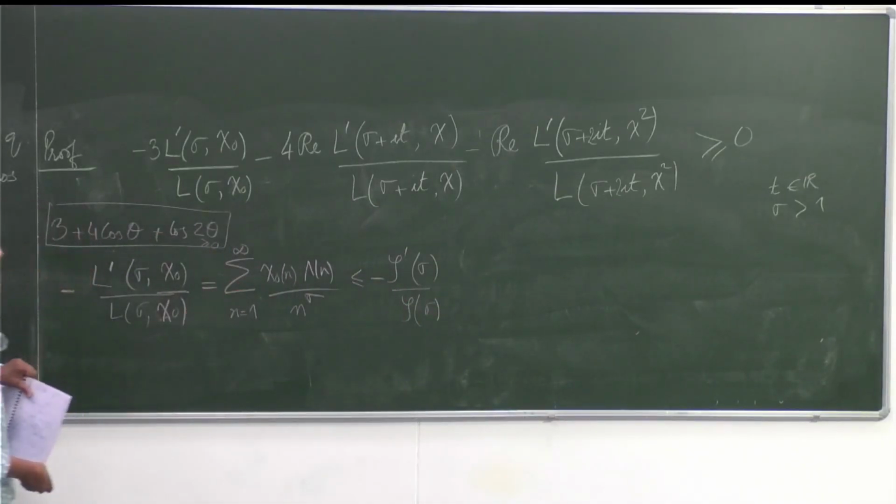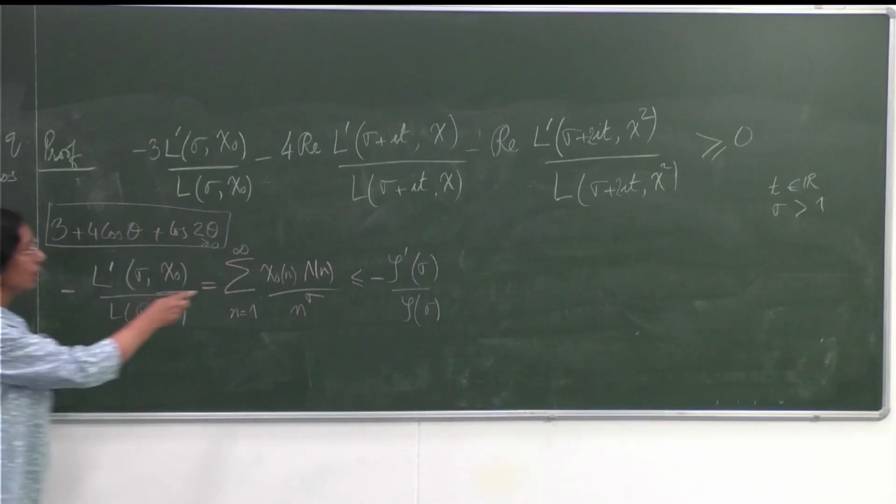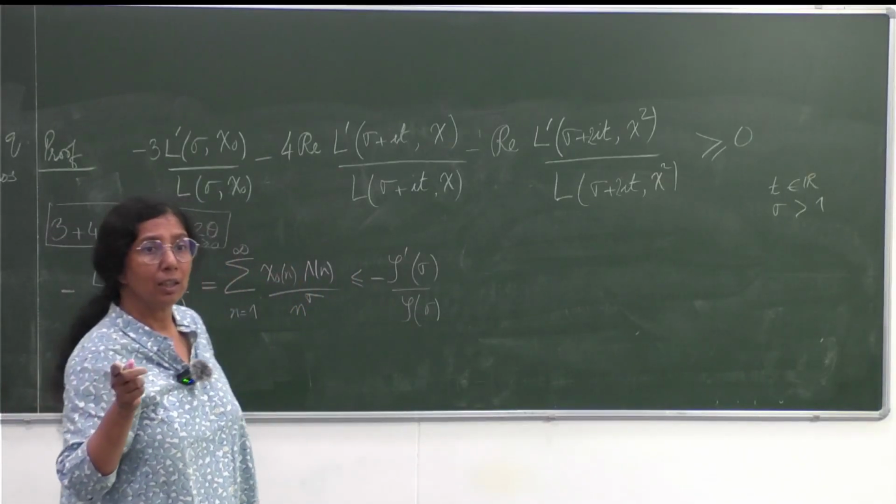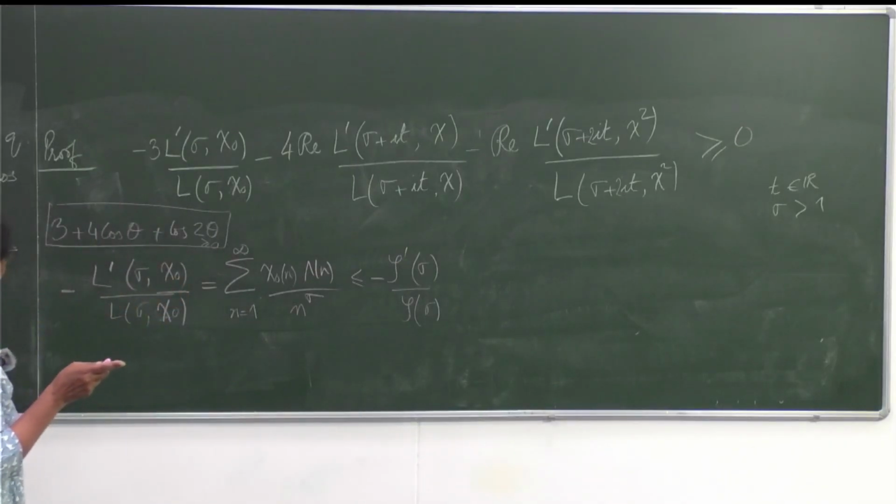And now let's go back to our construction of zeta prime by zeta. There should be a negative here.